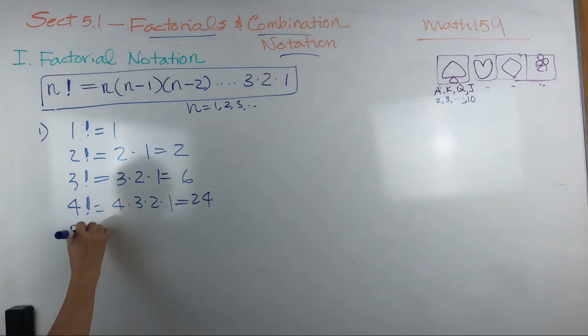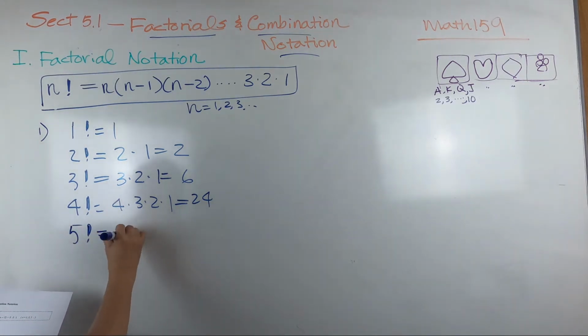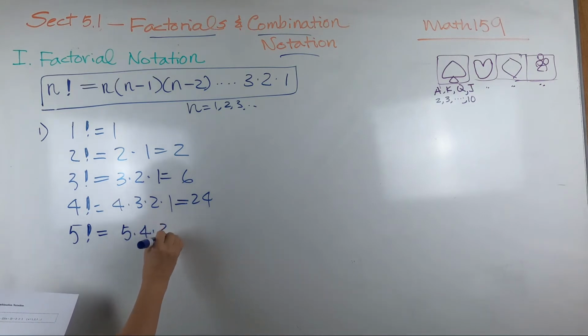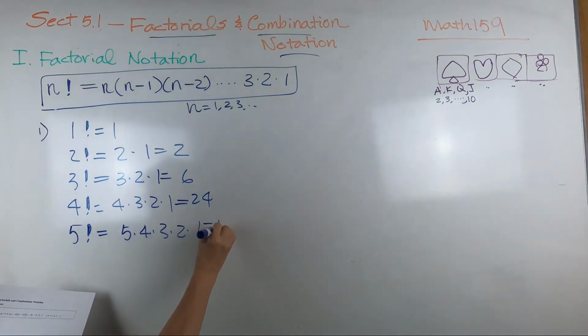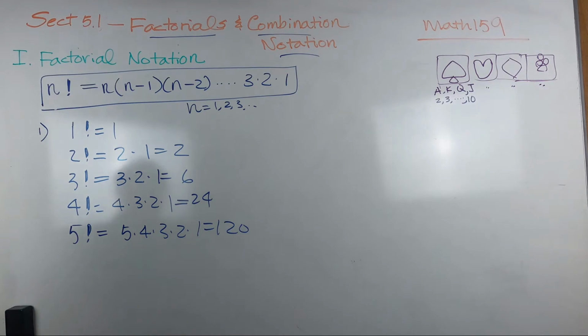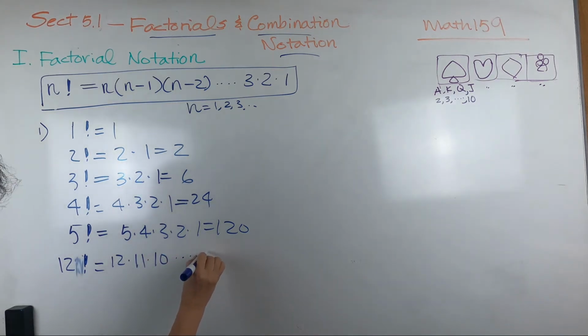Then your 5 factorial would be 5 times 4, 3, 2, 1, which equals 120. But what about 12 factorial? You have to do 12 times 11 times 10 all the way times 3 times 2 times 1.